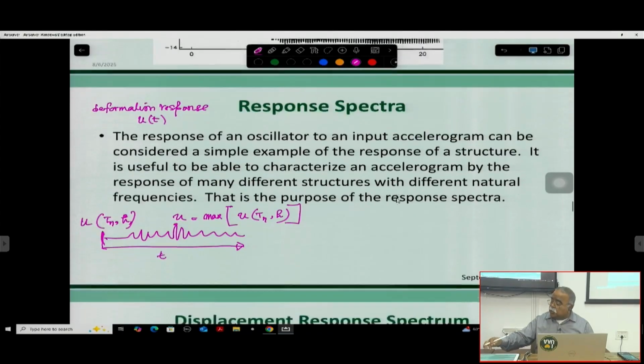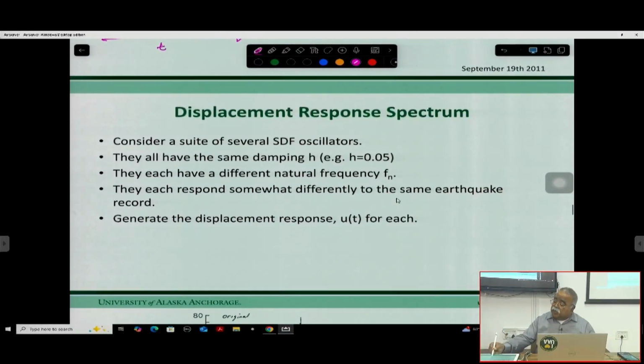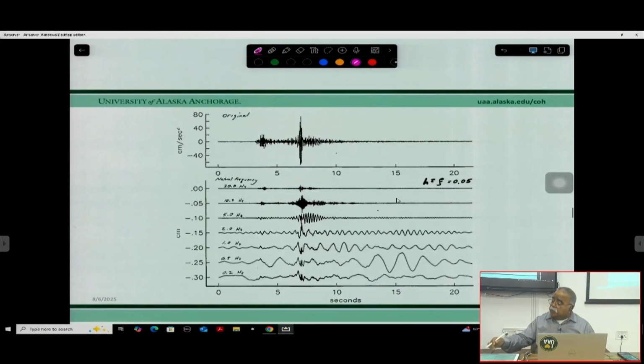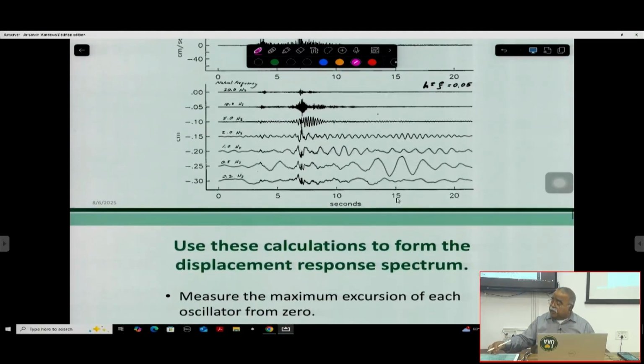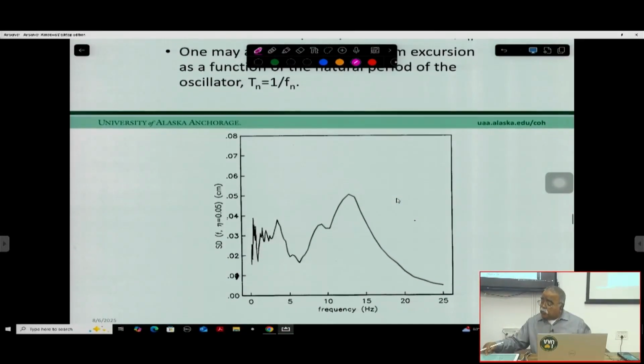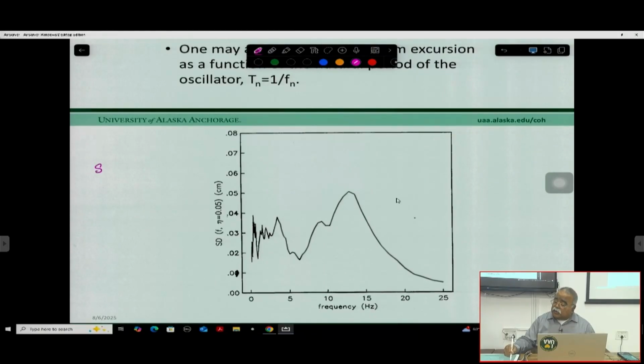So for a given damping and a given frequency, we calculate the maximum response, or the peak response, of the building. That peak response is called the spectral displacement.